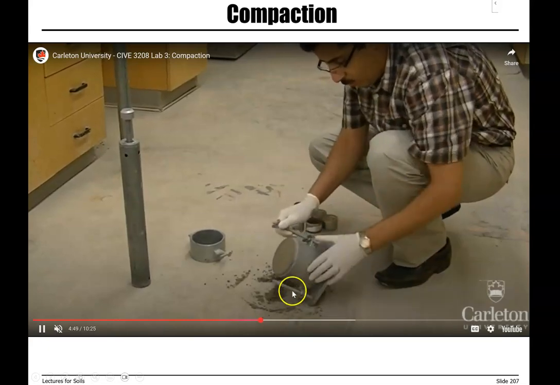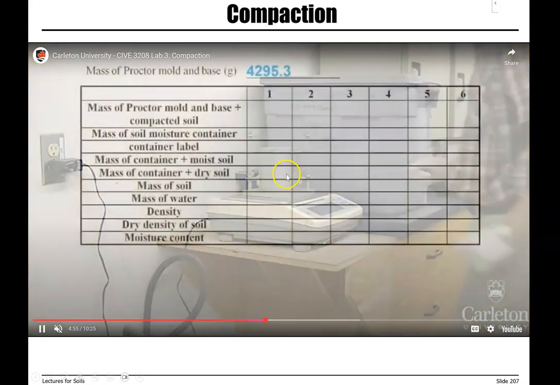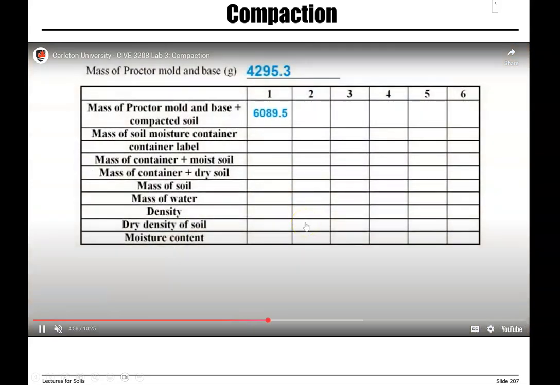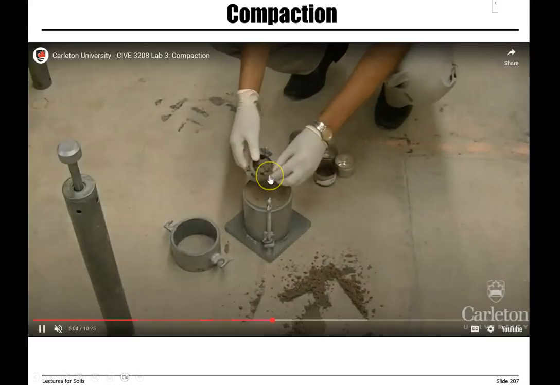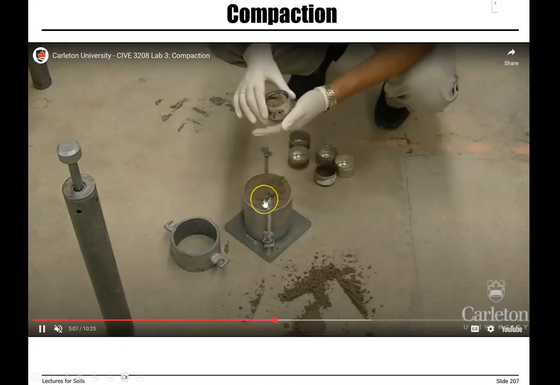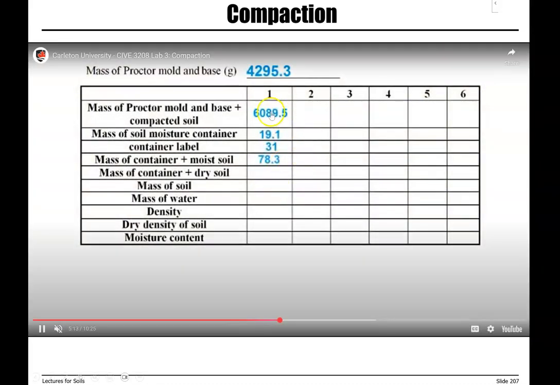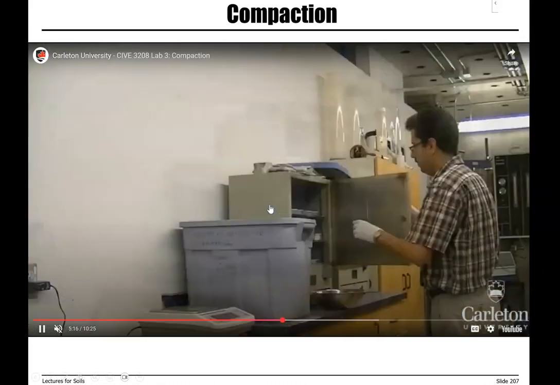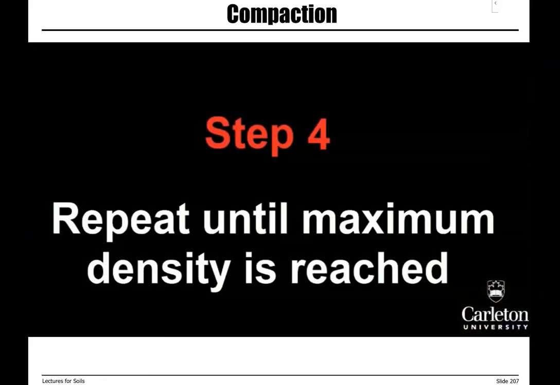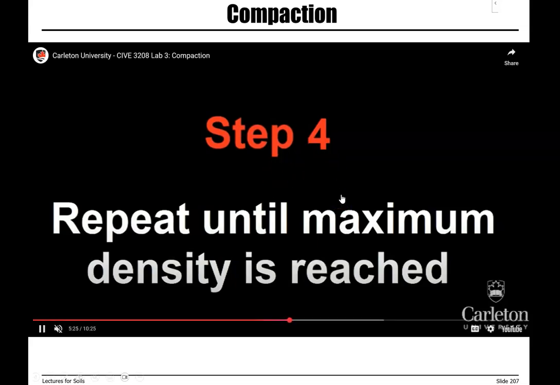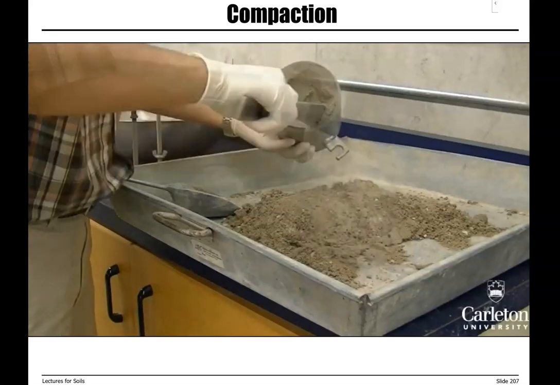Remove any excess material from the outside the mold and measure weight of mold with compacted soil. Then you get one of these small cans and take a sample to calculate moisture content of the soil. So that's your first trial. Now you put everything back in the tray, add more water to your sample, and repeat the process.